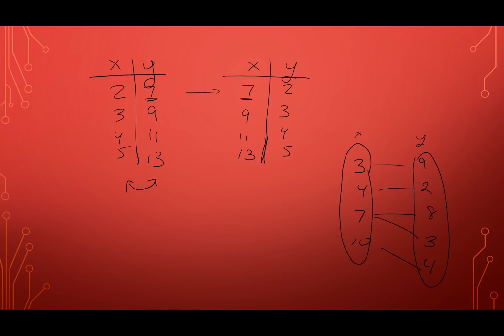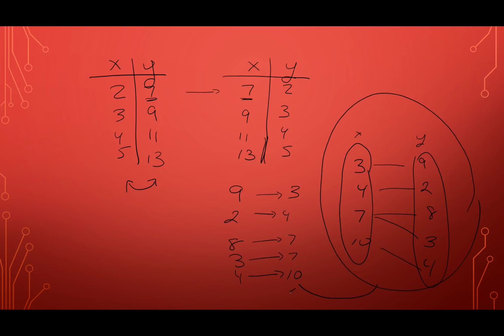If I'm going to find the inverse of this, again, all I'm doing is switching, and I'm going to be writing that now my 9 is paired with my 3, my 2 is paired with my 4, my 8 is paired with my 7, my 3 is paired with my 7, and my 4 is paired with my 10. So this original function becomes that inverse.